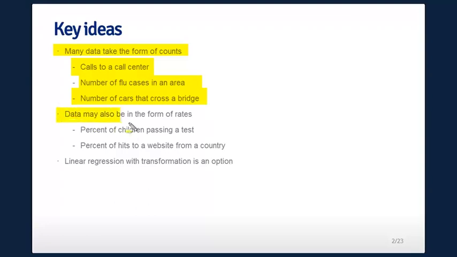The data may also be in the form of rates. In fact, I find it difficult to think about Poisson data without thinking about it in terms of some rate or some monitoring time. What we mean by rates is a count per unit time.